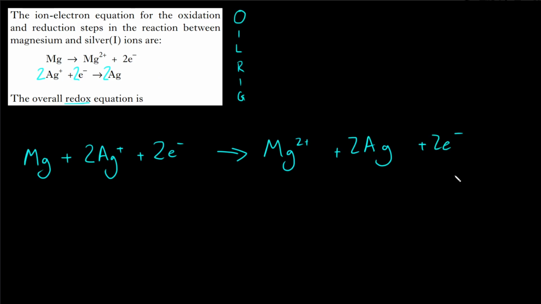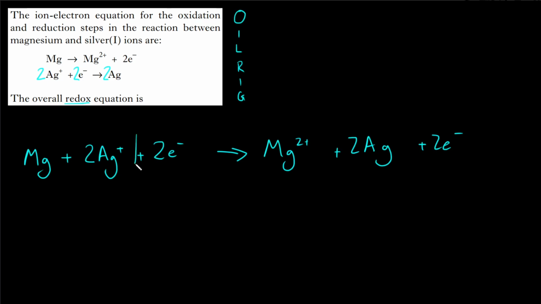This isn't the final redox equation, because in a chemical equation, like a redox equation, we're not allowed to have any electrons present in that completed redox equation. They need to be cancelled out. And it's a little bit like, I suppose, simultaneous equations that you do in maths. I've got the same things on both sides.